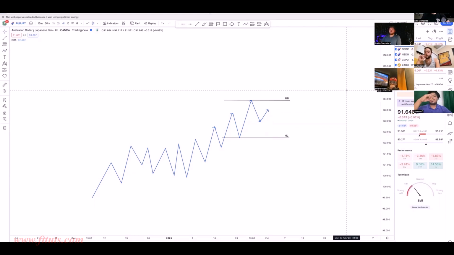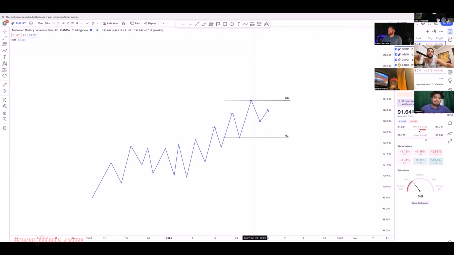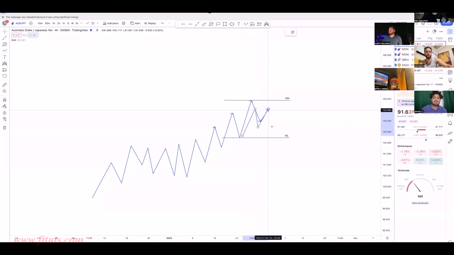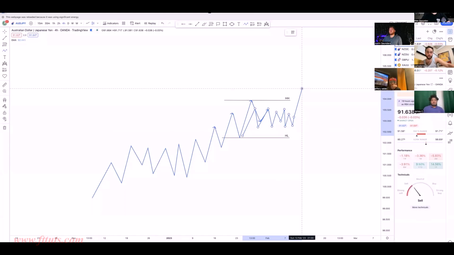Okay. Nope. We still got a lot of people wrong. I mean, 60-40, the majority of you maybe got it. Still a lot of mistakes. So this point right here is not a lower high. The first thing that I said is anything that happens in between these two lines is simply market structure until we break above or we break under.